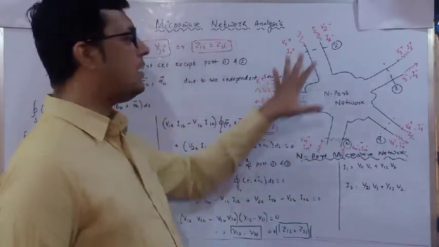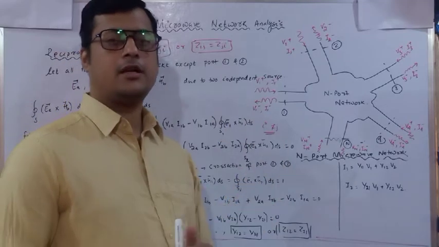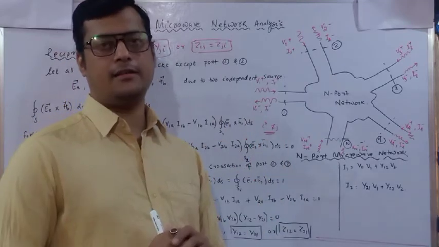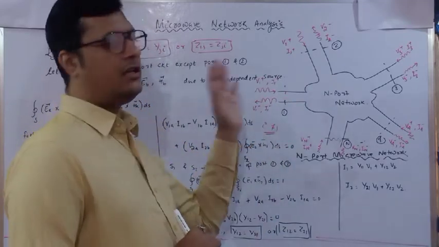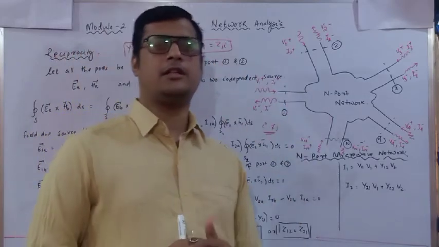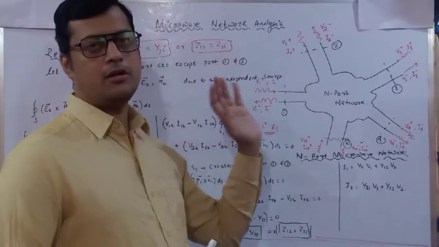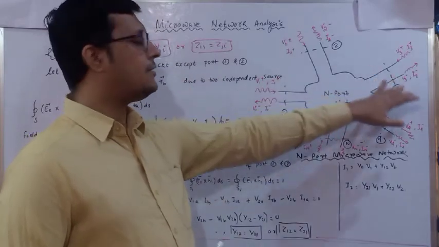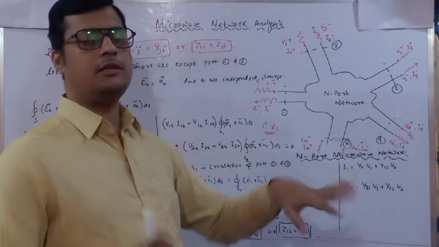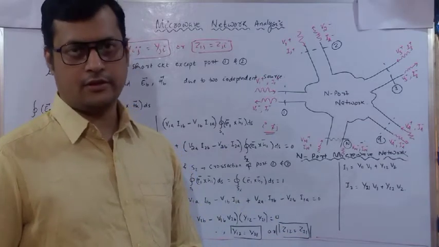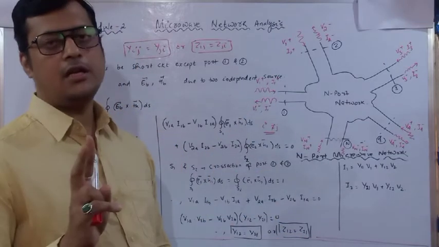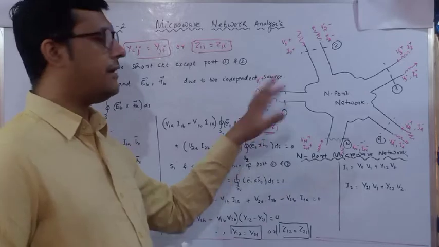If 1 and 2 are connected with some sort of transmission line, then incident potential, reflected potential, incident current, and reflected current will be obtained for each of ports 1 and 2, and the others are short circuited. Short circuited means potential is 0. So I have used a two-port network and analyzed it.